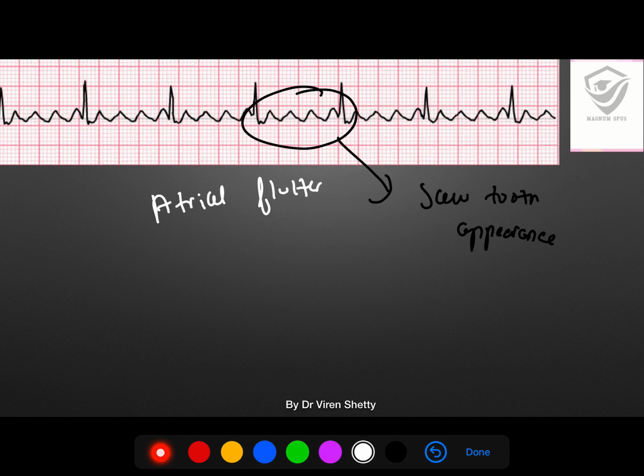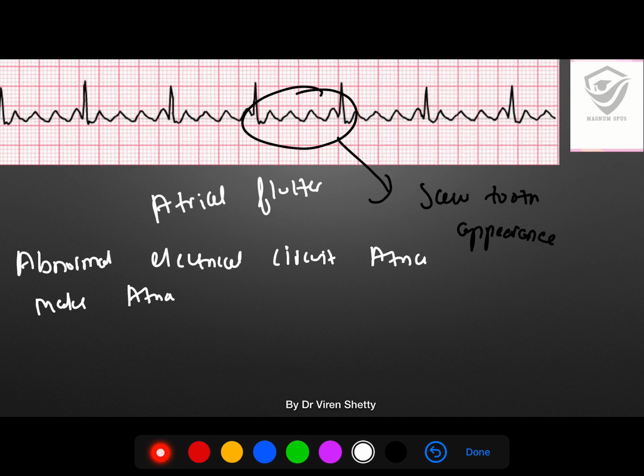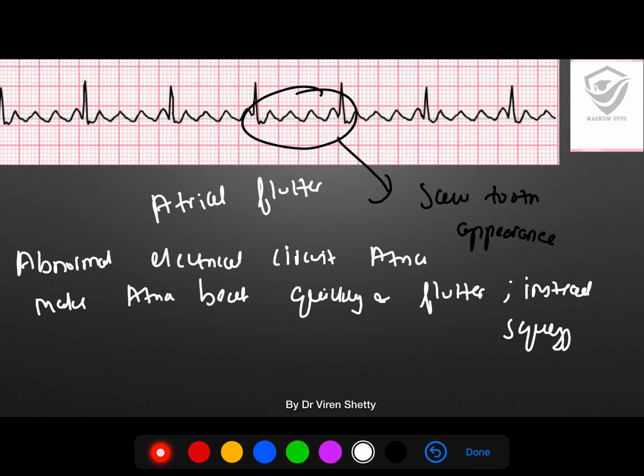It is caused because of an abnormal electrical circuit present in the atria, and that will make the atria beat quickly and cause it to flutter instead of squeezing. So instead of the atria squeezing out properly, it will flutter.